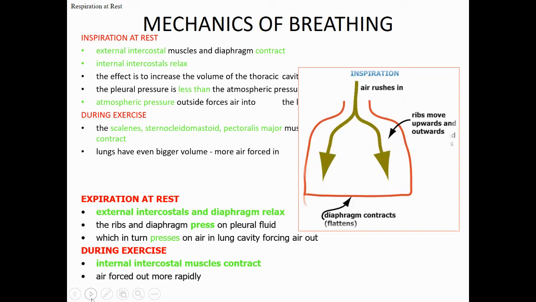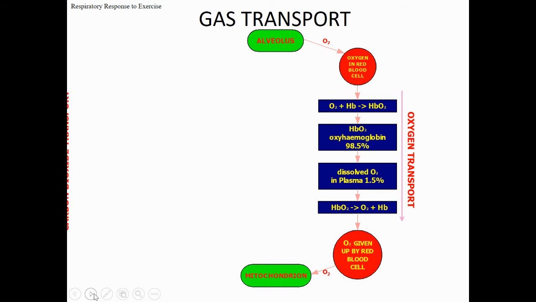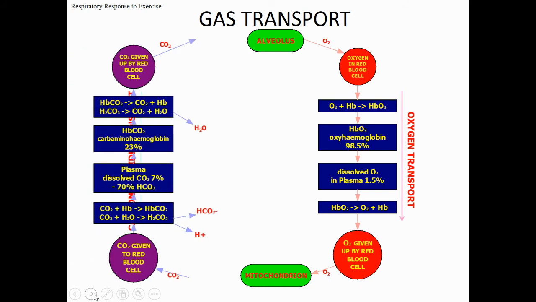The next slide really talks about how we transport gas around the body. You probably know already from biology or possibly GCSE PE that the gases we transport around are oxygen, which we transport to our working muscles, and carbon dioxide, which we transport away from our working muscles.